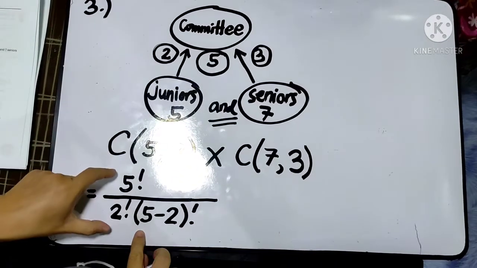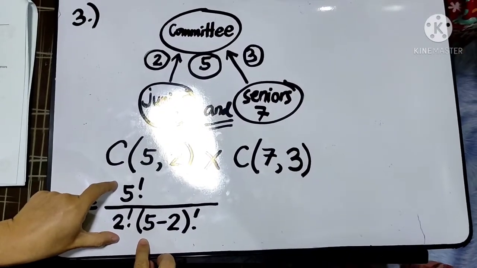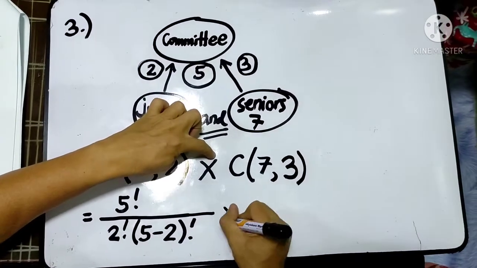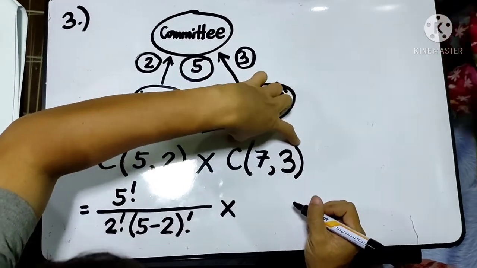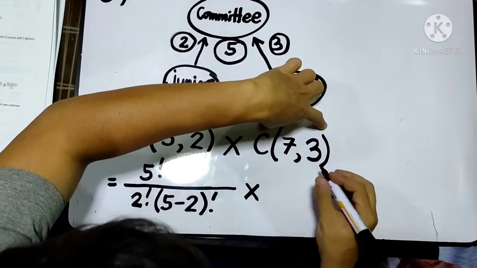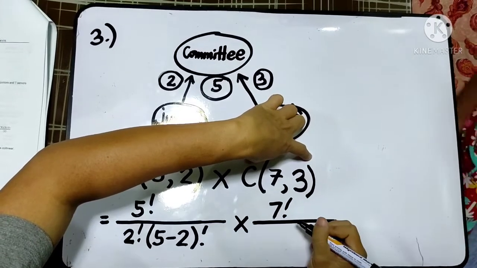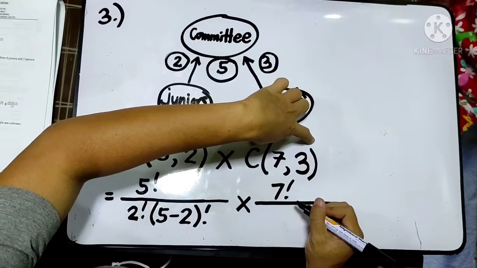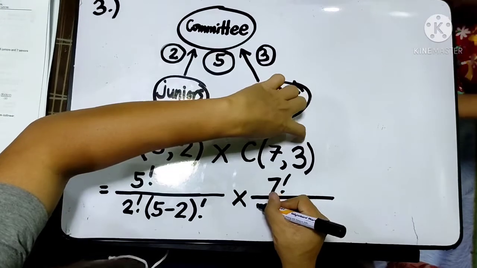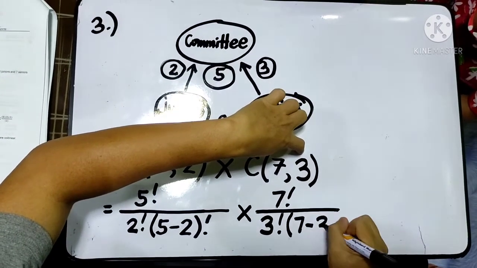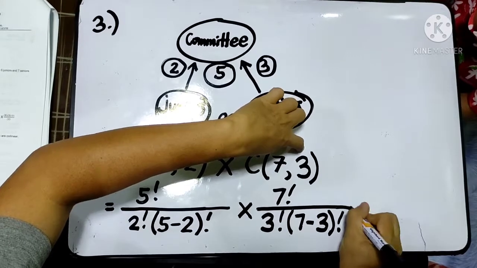So, this is already applying the formula. Okay? So, for this, then copy times. Now, let's apply the formula to the second combination statement. So, you will have 7 factorial over 3 factorial, 7 minus 3 factorial.